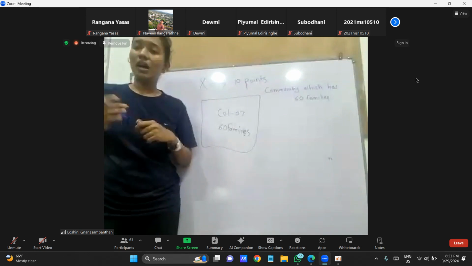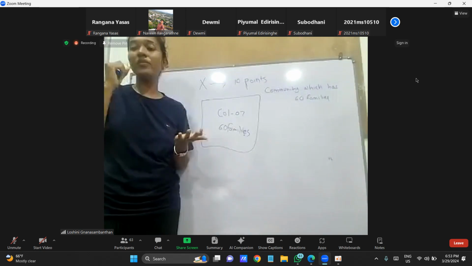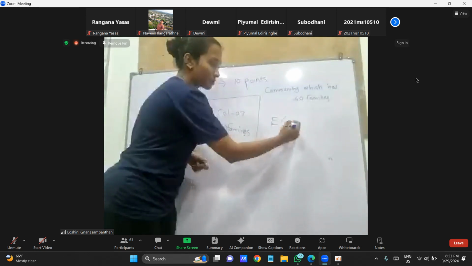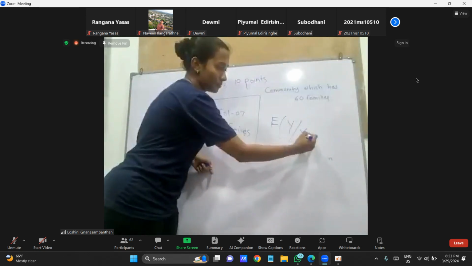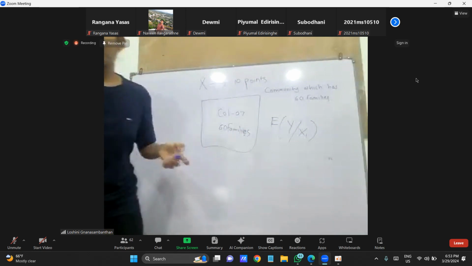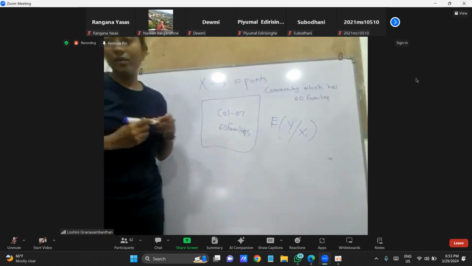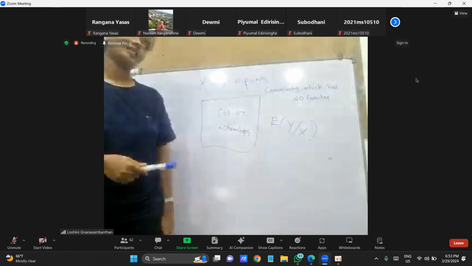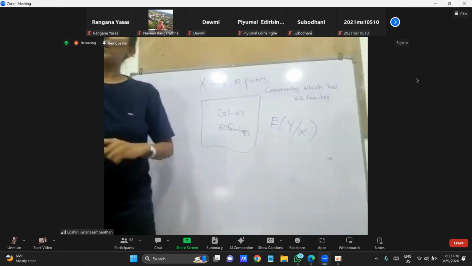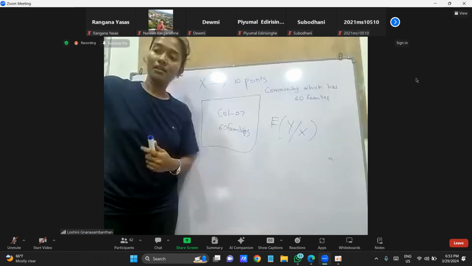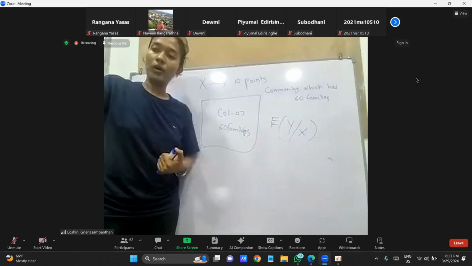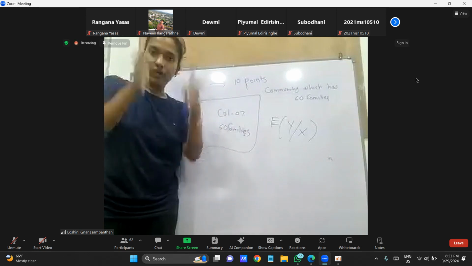So in this, I'm going to explain about the conditional mean of y. That is the expectation of y given x. Now, as you can see, there are various x values, and for each x value there is a particular column.